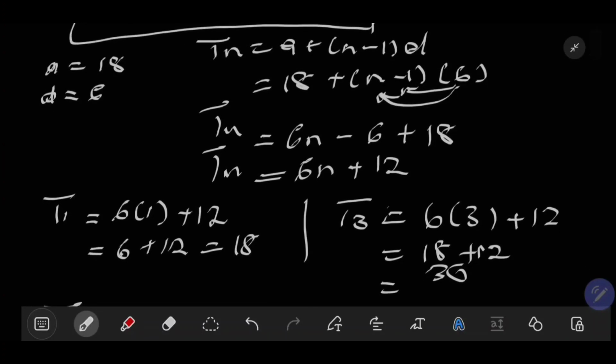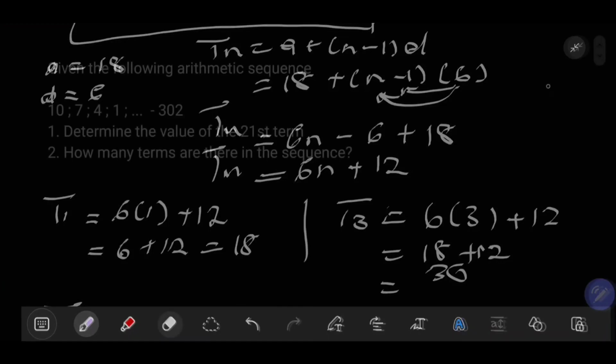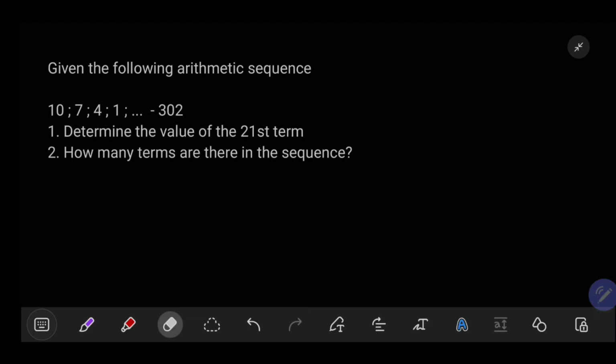Without any waste of time, I want us to check this example quickly. Given the following arithmetic sequence, you're given a descending pattern: 10, 7, 4, 1, up to negative 302.